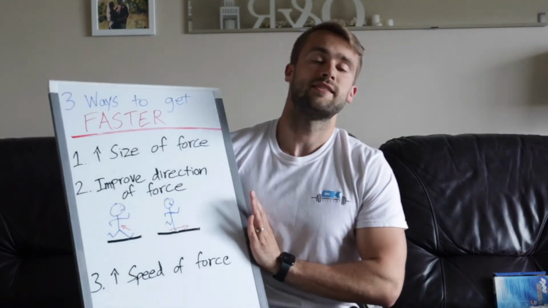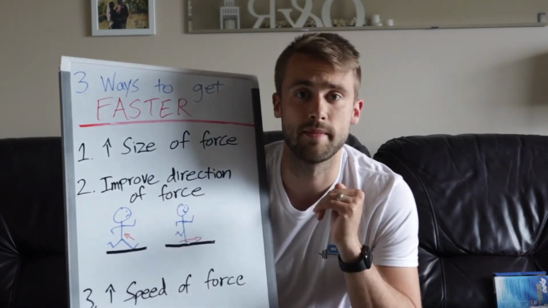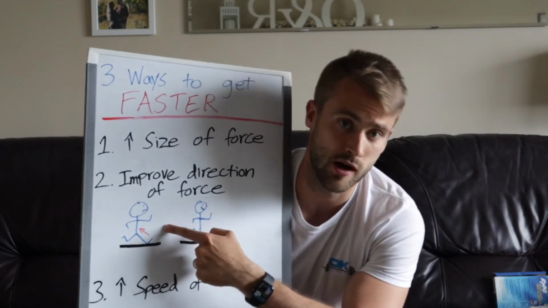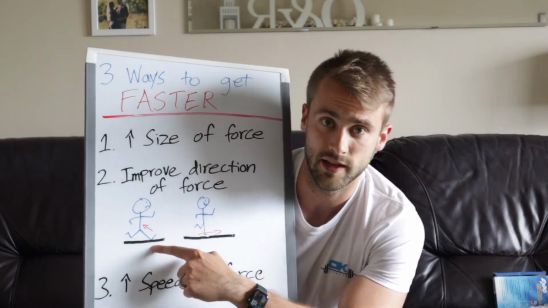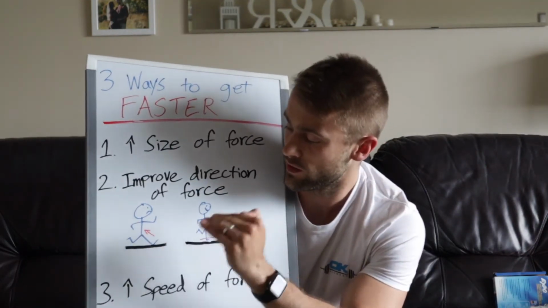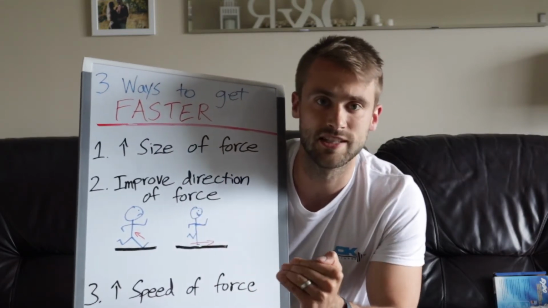So, as a simple application of this, if we are running at our max velocity, and we have our sad-faced little man here, I'm a terrible drawer, please forgive me. If he is contacting the ground in front of his center of gravity, on his heel, that means that the force basically follows his shin angle, right?